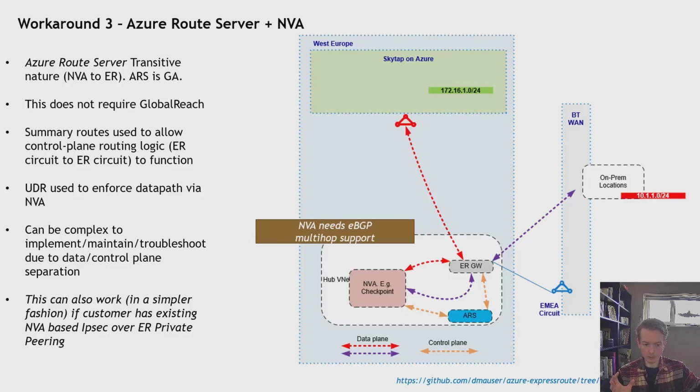So ExpressRoute to VPN connectivity, we call that branch to branch in Azure Route Server, and that's a toggle switch. But this is one of the options, as the diagram shows, to facilitate Skytap to on-prem via an NVA to get that filtering that you may desire, and it doesn't have that reliance on global reach.